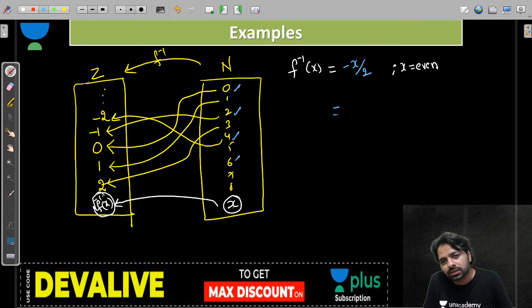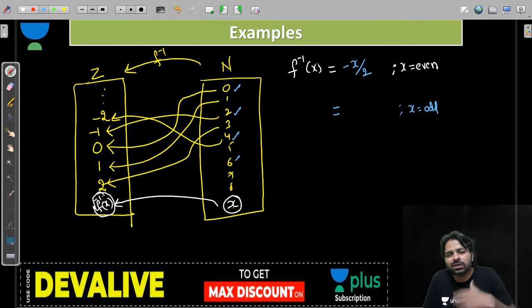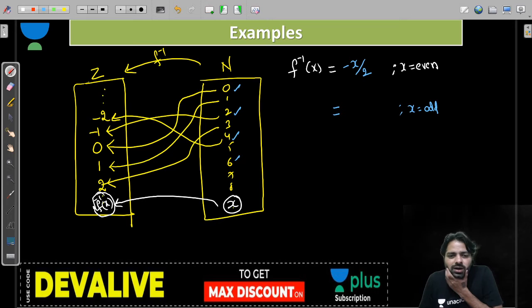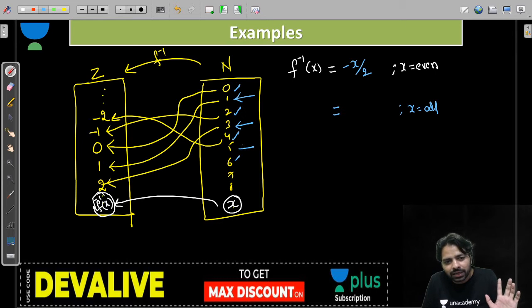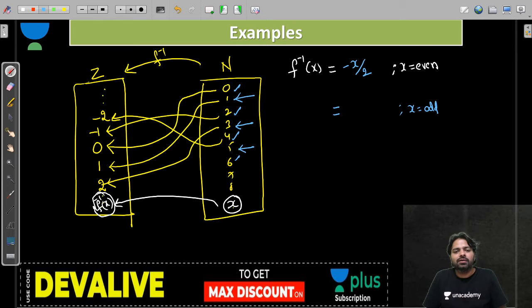And when x is odd, of course minus 0 is 0. 0 no need to speak, automatically 0. Odd number: focus on 1 has to be 1, but 3 has to be 2, and 5 has to be 3. How to get that?